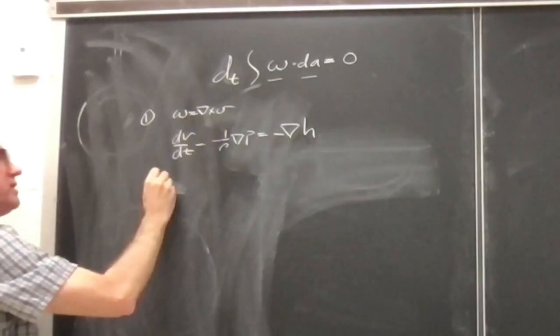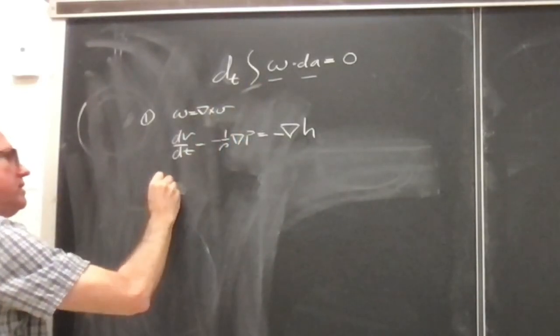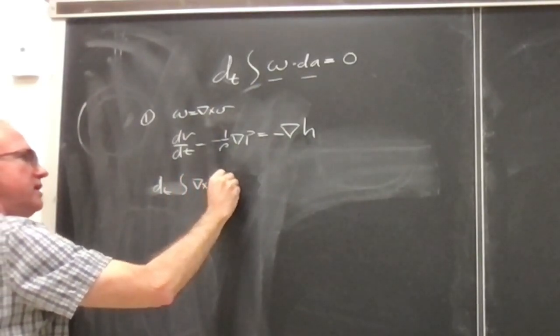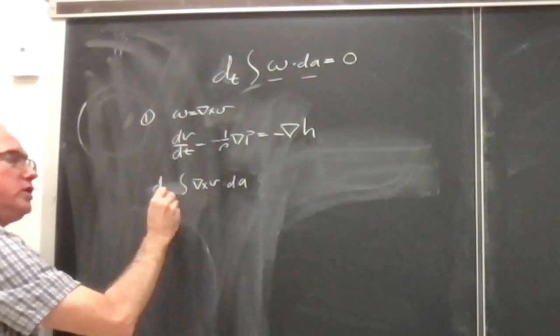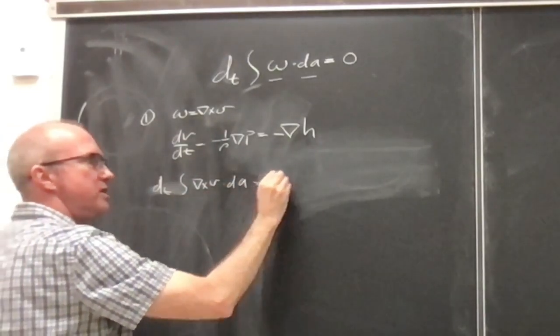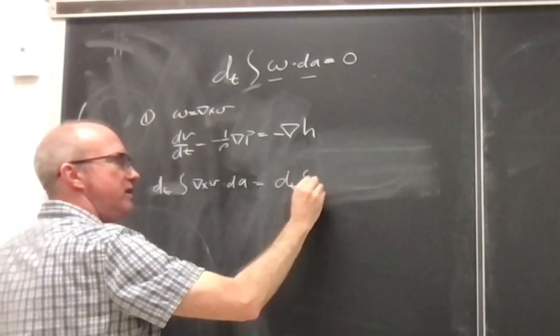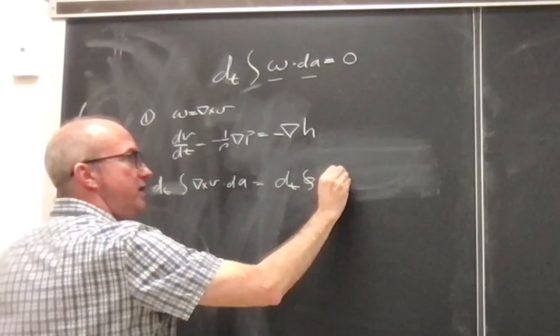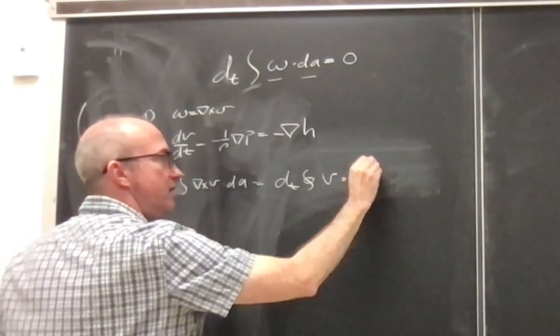The first thing I do is I say that this is equal to, we're looking at the d by dt of the integral of curl v dot dA. We're going to use Stokes' theorem to turn this into an integral along dl. So this becomes the d by dt of the integral around the closed loop of v dot dl.